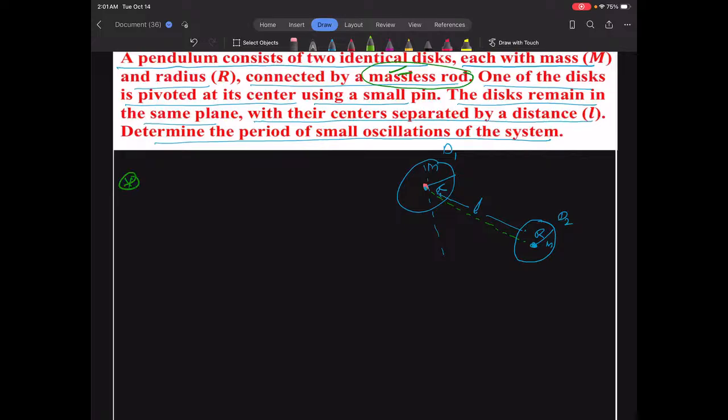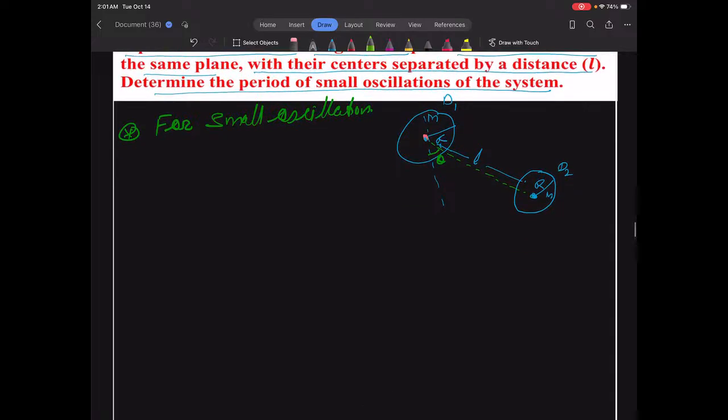So for small oscillation, we can write that the time period T will be equal to 2 pi square root of I upon m g d.